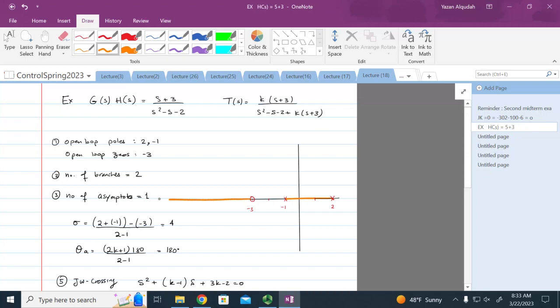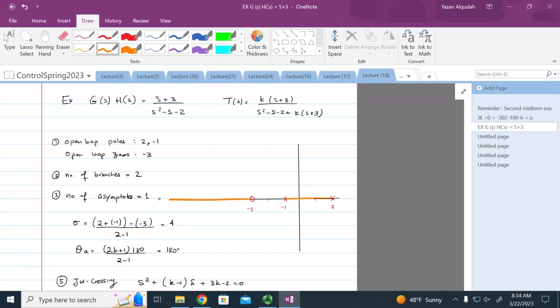We have two branches. One branch is going to end up at the zero, and one branch is going to end up at the asymptote. Now, since this is the asymptote, we're already taking care of it, but nevertheless, we calculate sigma, the point where the asymptotes meet, at 4. The angle of the asymptote is only 180 degrees.